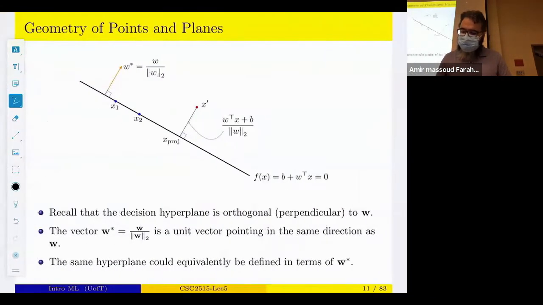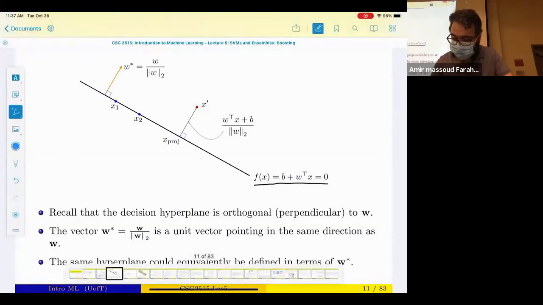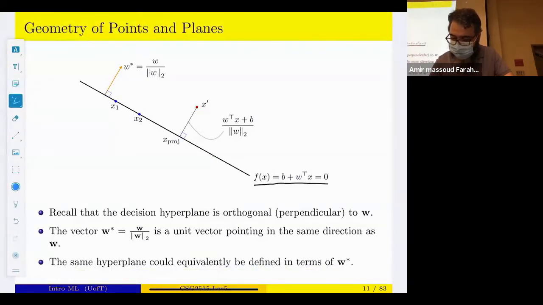Okay, so here let's talk a little bit about the geometry of points and planes and distances. Specifically, we want to talk about the distance of a point to a plane. If you have a plane that is defined by f(x) = b + w^T x, any point on this plane has a distance 0, of course.